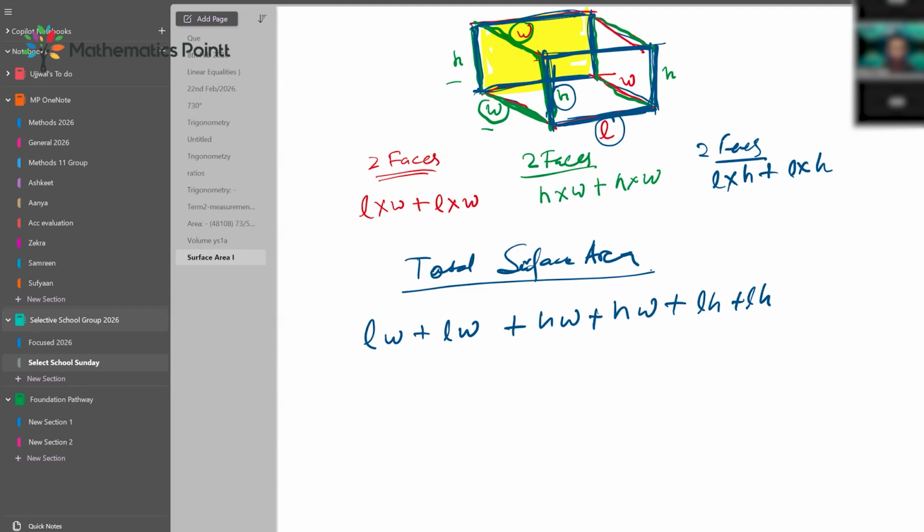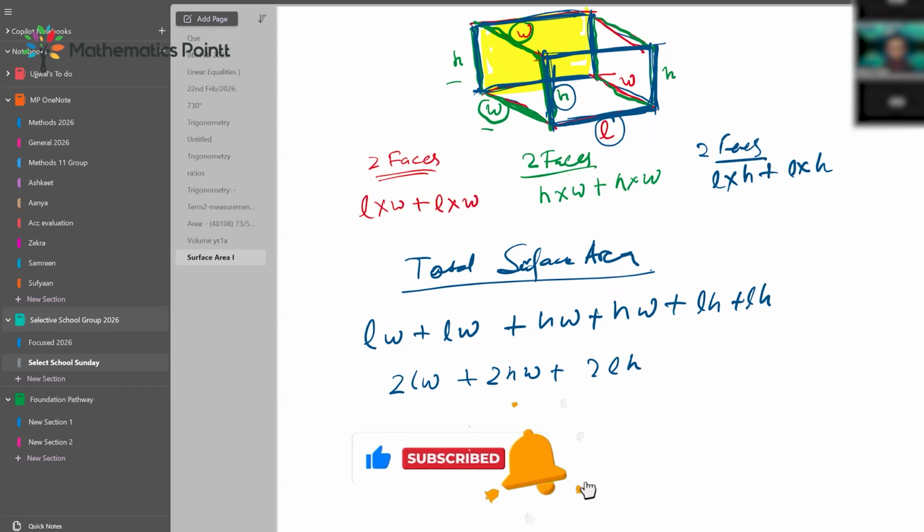So finally, I can collect the like terms. 2LW plus 2HW plus 2LH. And I can factorize it as well. I can take 2 out.